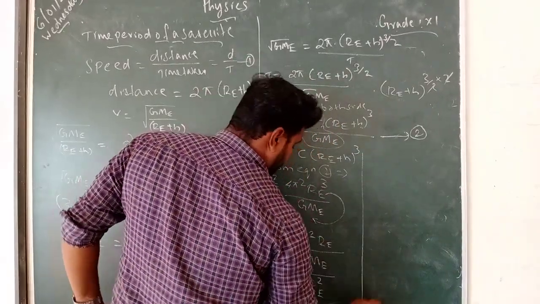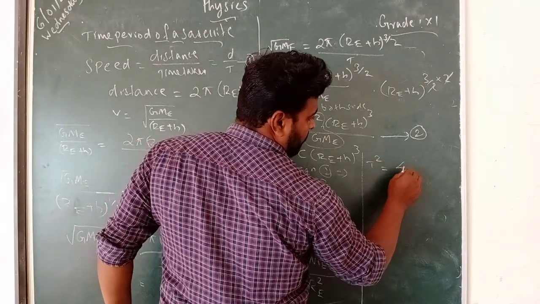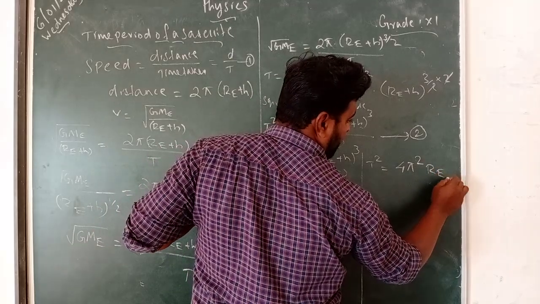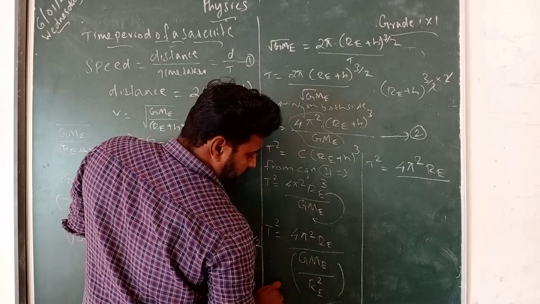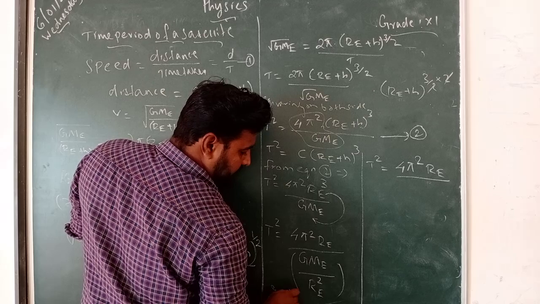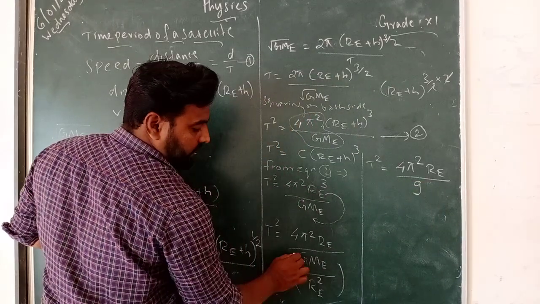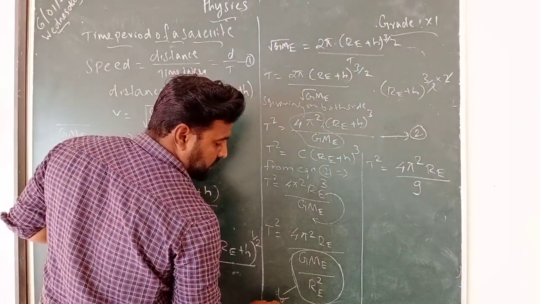So this equation becomes T square is equal to 4 pi square R_e divided by g. Instead of GM_e by R_e square, we are taking g.